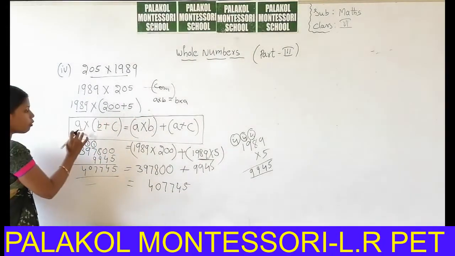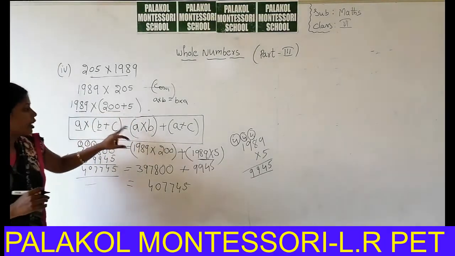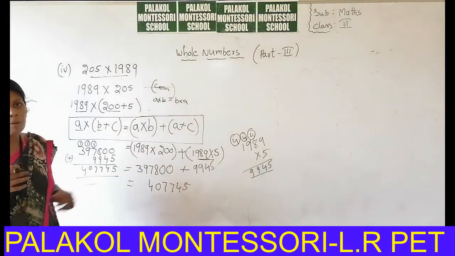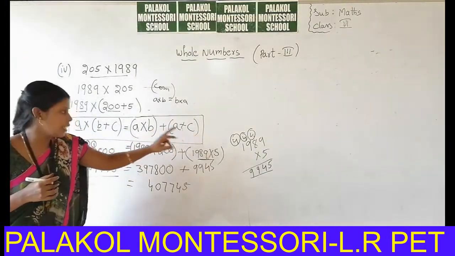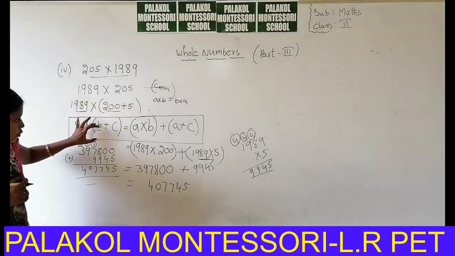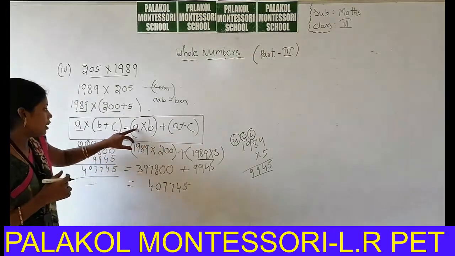So 1989 into 200 plus 5. This is in the form of A into B plus C. So that is nothing but A into B. We already know the distributive formula, A into B plus A into C. So this is in this form. We can split this into this form. That means what is A?